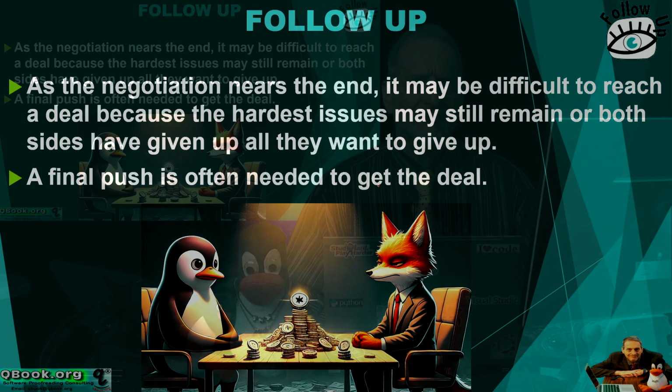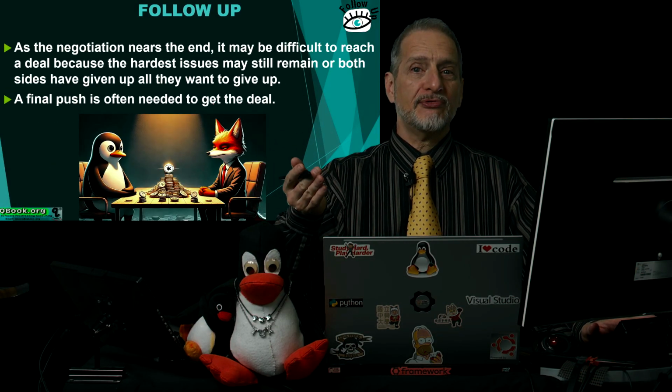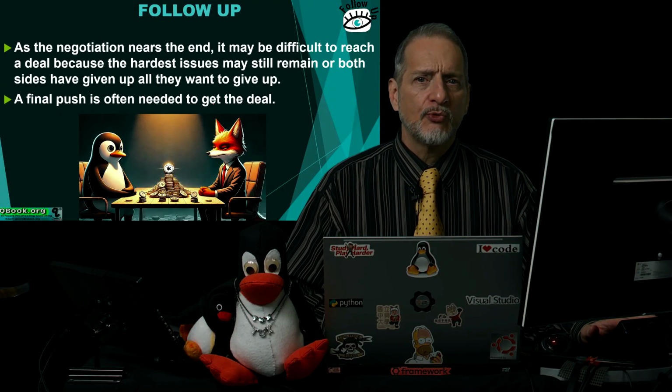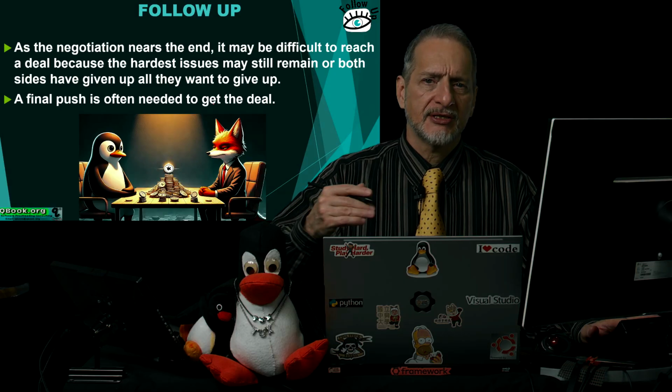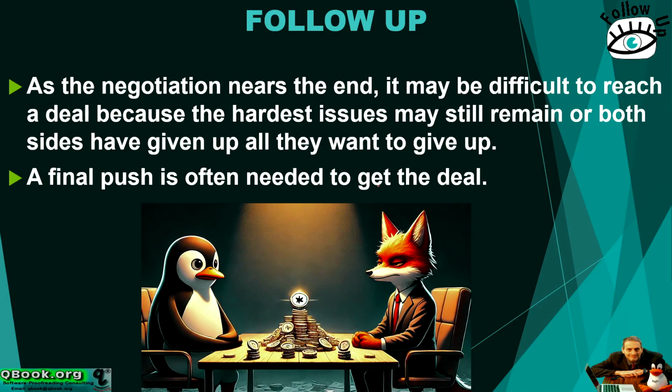At the beginning, I give something, you give something. We both give something. That's normal. But then we get to the hardest question, the hardest part. This is where we need to have that final push. It is very normal in negotiation. You spent a long time.